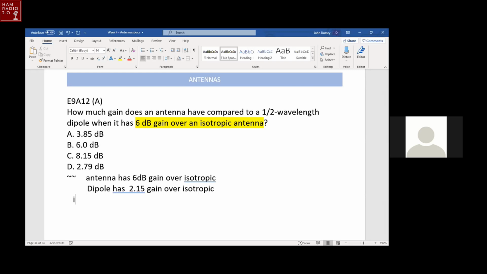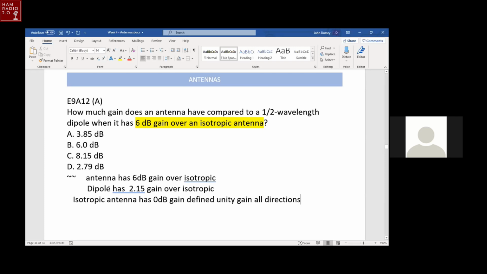Isotropic antenna has 0 dB gain, which is defined as unity gain in all directions. Okay, isotropic has 0 dB gain.